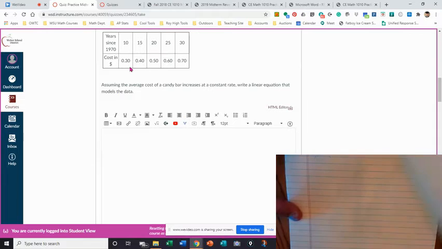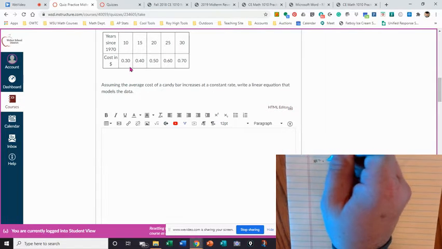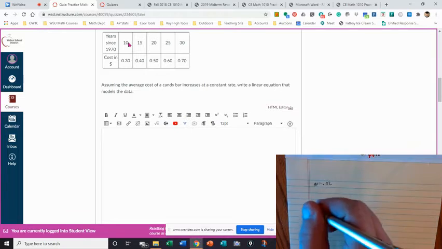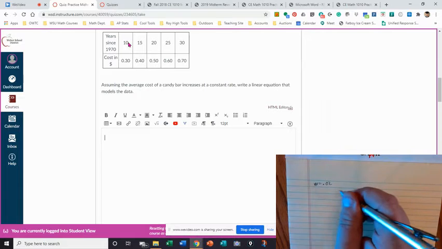So for the equation of my line, my m is 0.02. This is years since 1970, that's 10 years, so I need to go back to where the year is 0. If I go back, 2 cents times 10 years is 20 cents.